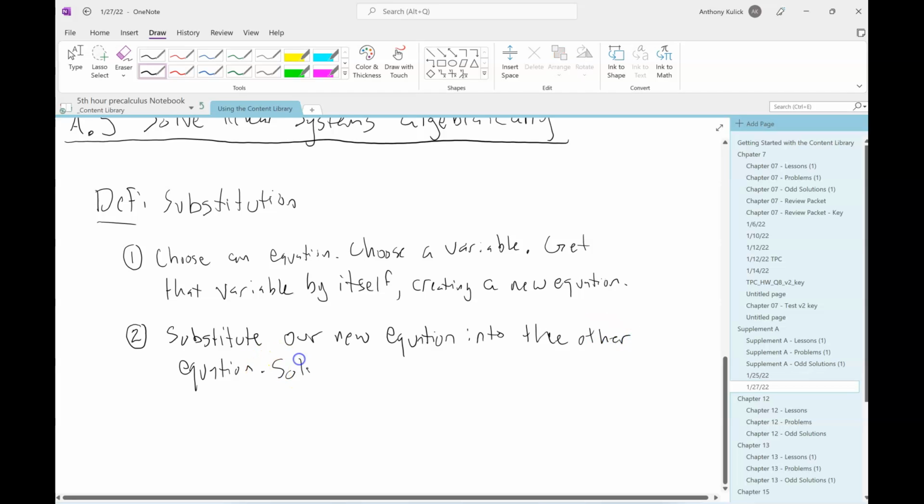So we then solve for the remaining variable.